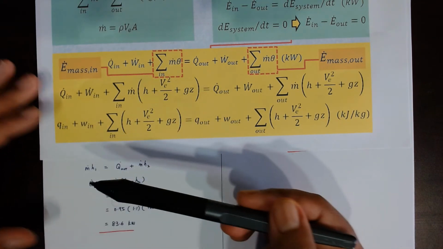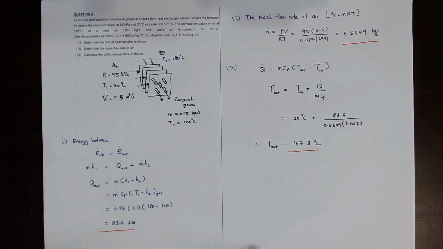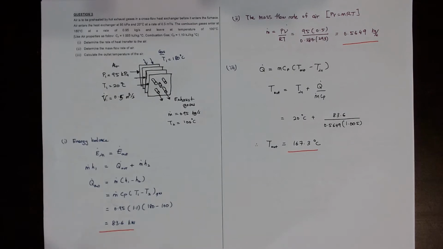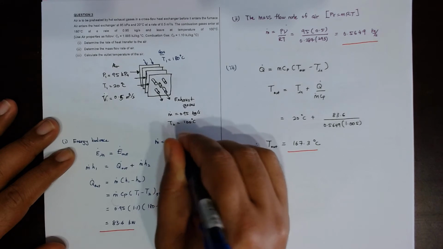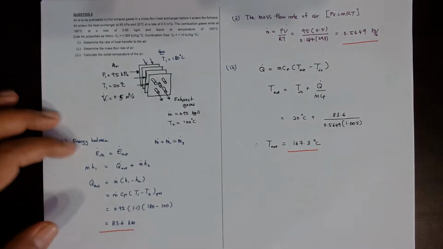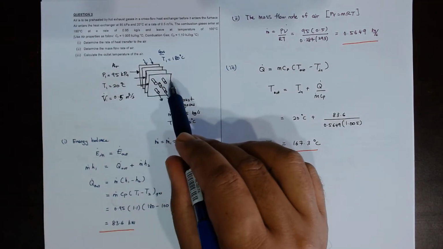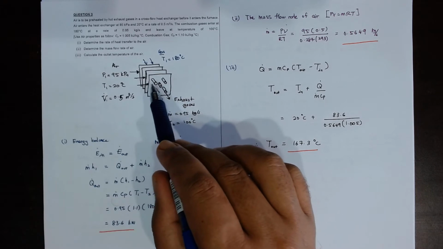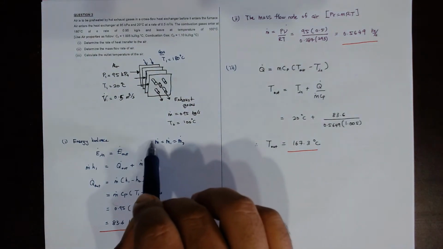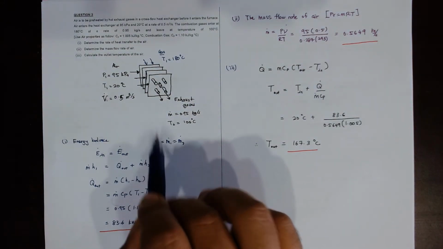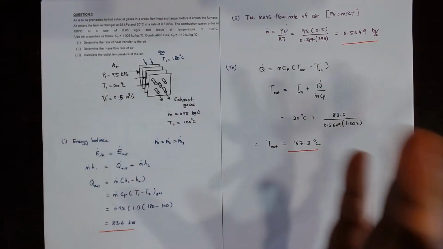Because there is only one flow in and one flow out, m dot equals m1 dot equals m2 dot. You might say there is a lot of piping here, but if there is one flow in and one out, it's still the same flow rate for all. If not, then things will explode.